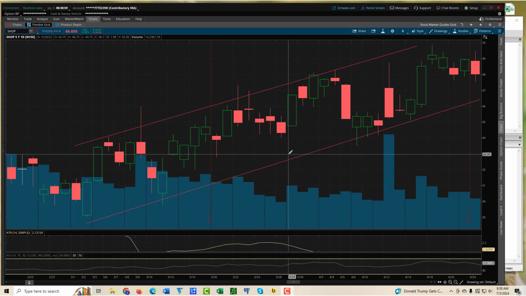Here's how many times in the past that we've seen it in an upward channel pattern, and here's how the stock performed each of those times. That way you know historically how the stock has performed in this particular trade setup. And that might help you to make a more educated decision about whether to take the trade, and if so, how you might manage it. So that's what we do here.